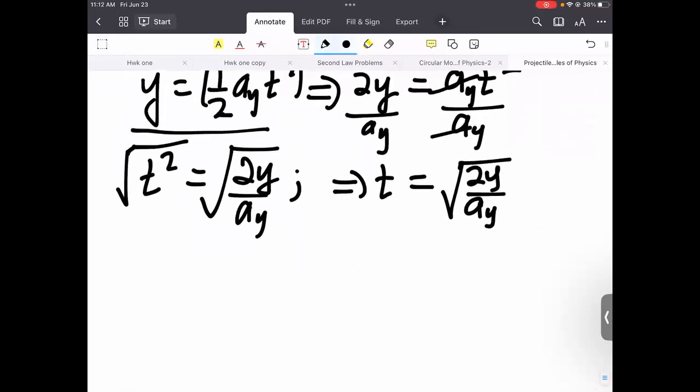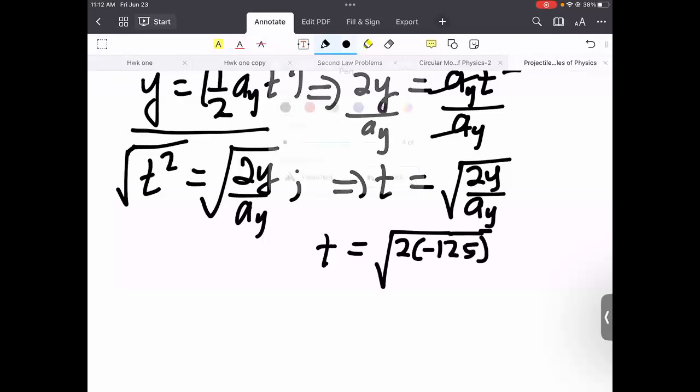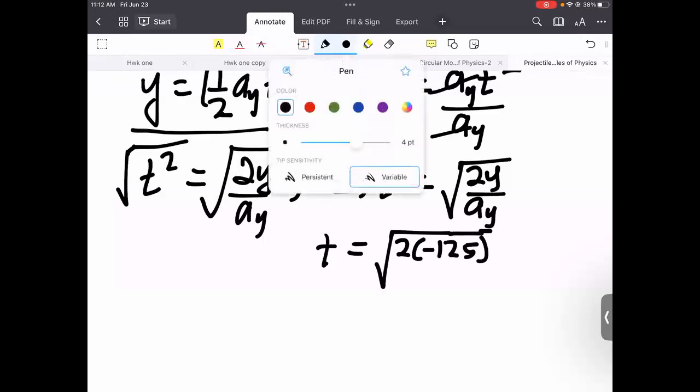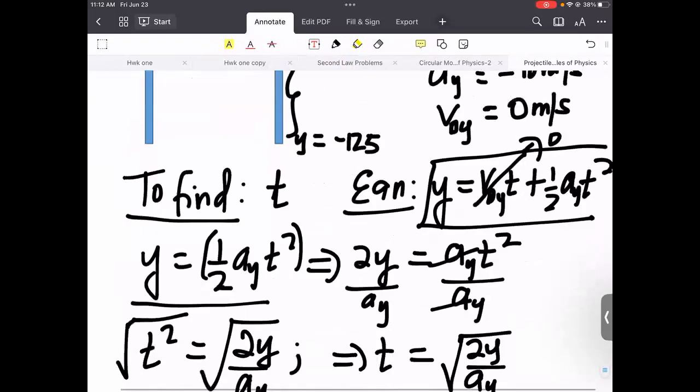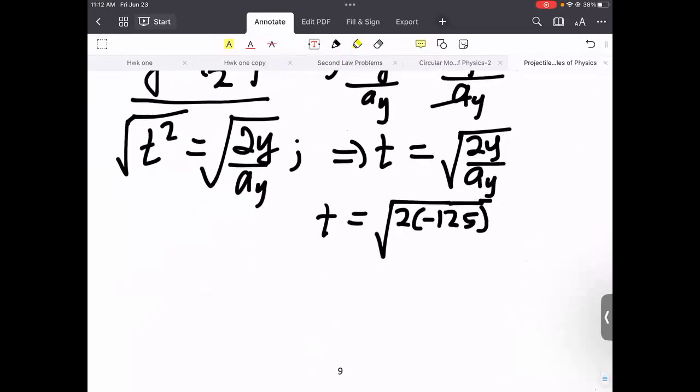Then you can go ahead and say time is equal to root of 2 times minus 125, because remember, Y is minus 125, divided by the acceleration in the Y direction, which is minus 10.